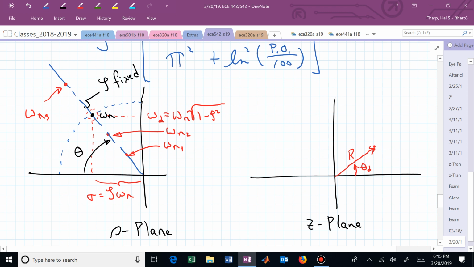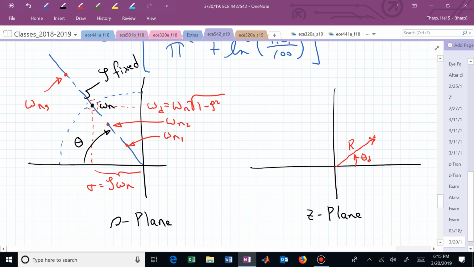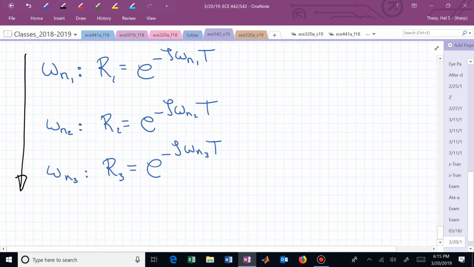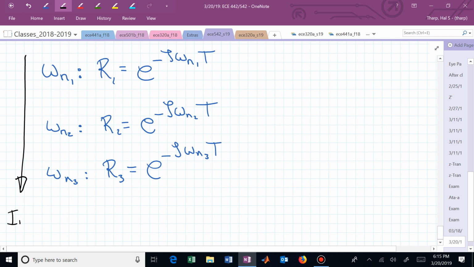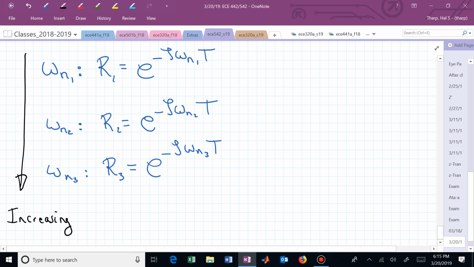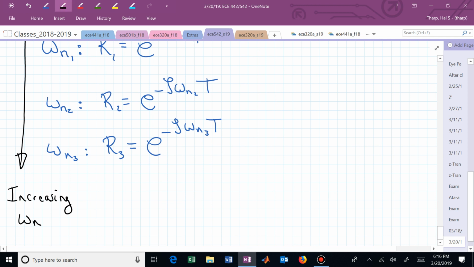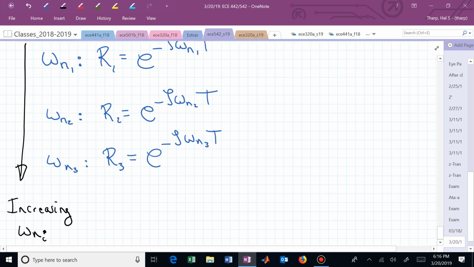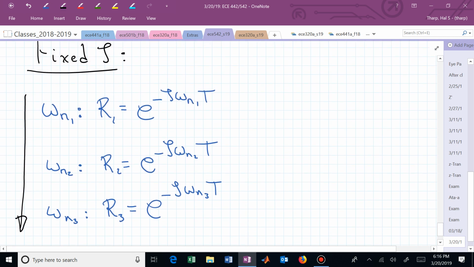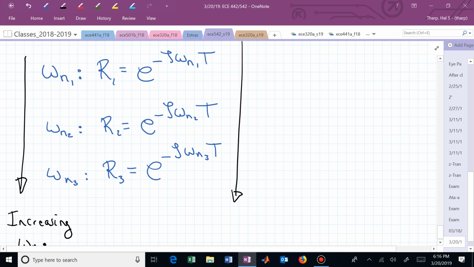So obviously omega sub n1 is less than omega sub n2, or omega sub n2 is bigger than omega sub n1, etc. So this is increasing omega sub n sub i. What does that correspond to over here relative to R? What happens to R sub i?